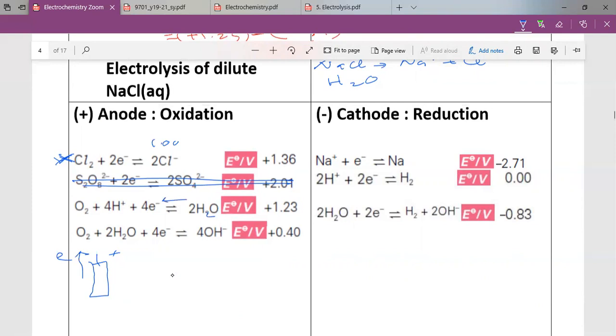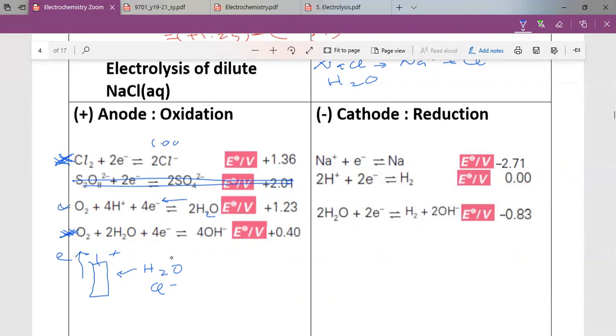So OH- we don't consider anymore. So it's basically just water here that goes to the anode, and of course the Cl-. But Cl- is too weak, so you cannot use it. The main thing is, of course, water.